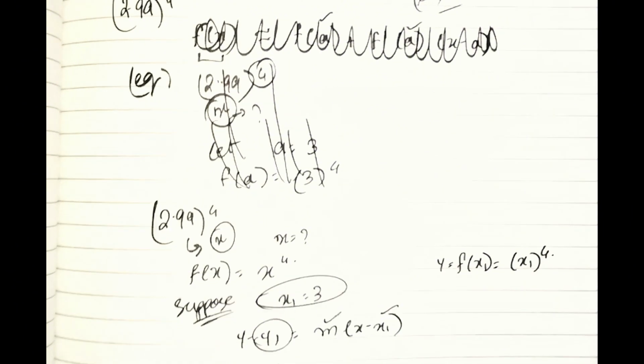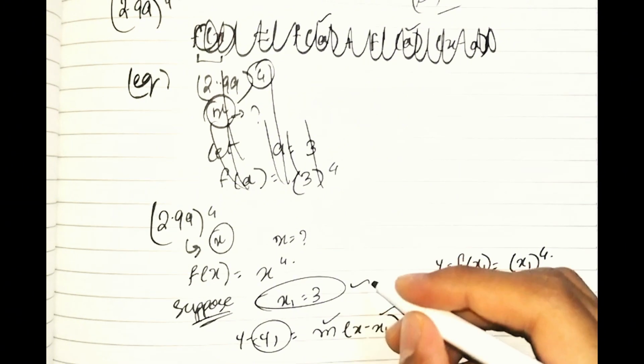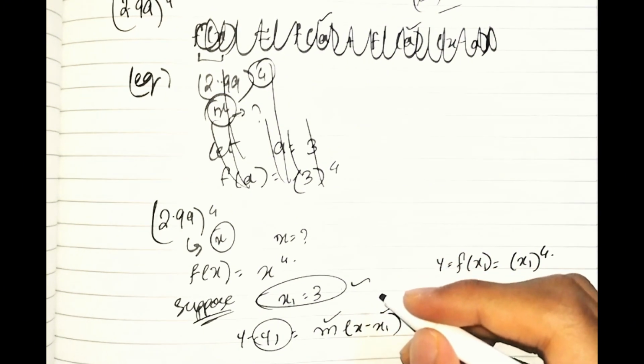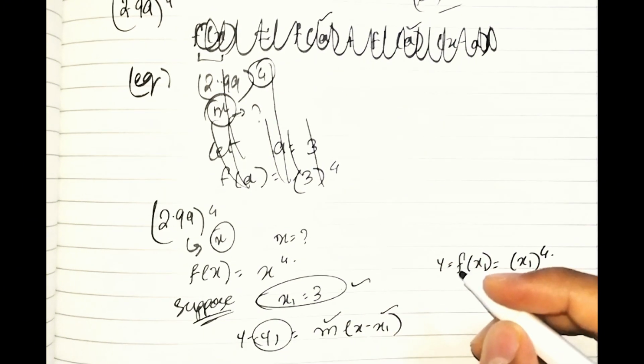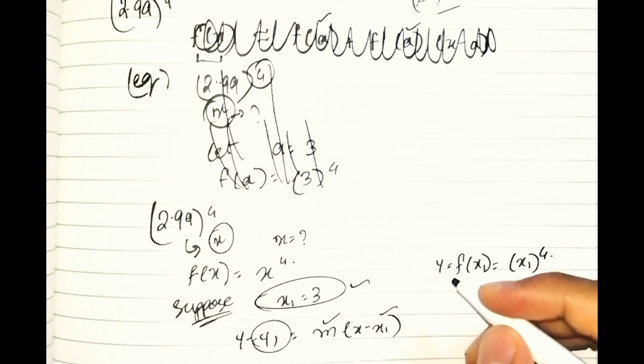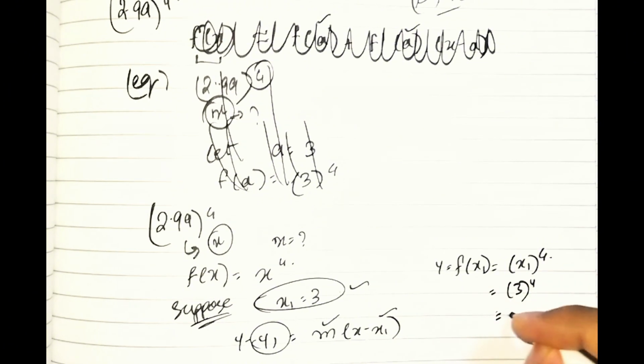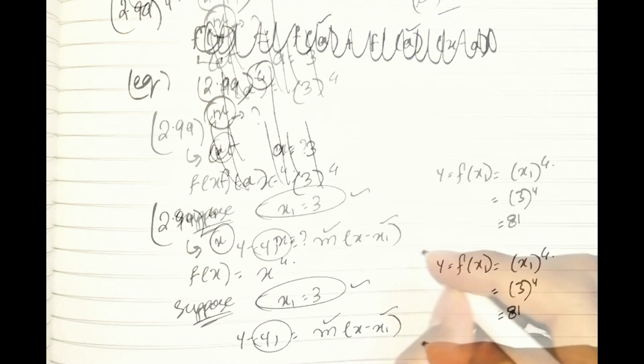Y is a dependent variable which is dependent upon x, which is an independent variable. We have supposed x1, which means that we know x1, and based upon that value of x1 we can calculate the value of y, which will be the value of that function. Okay, so x1 is actually 3, power 4 will be 81. So we know y1, we know x1.